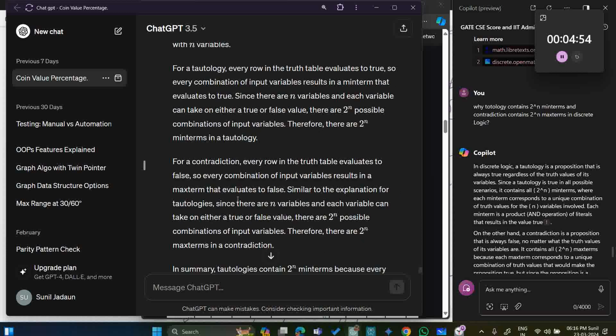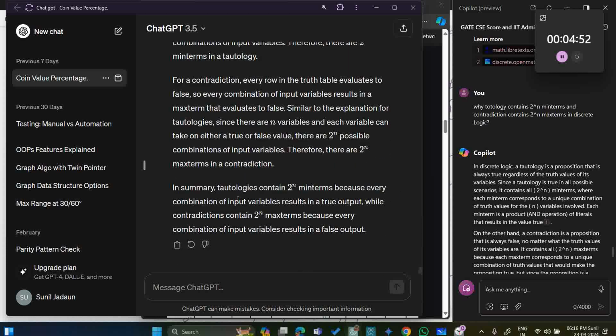This is very important here. Zero minterms. What we can write here is n variables for n maxterms, max 1.